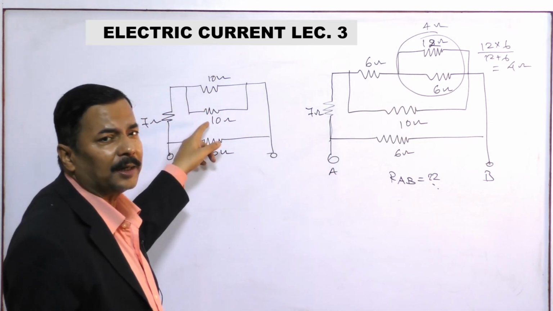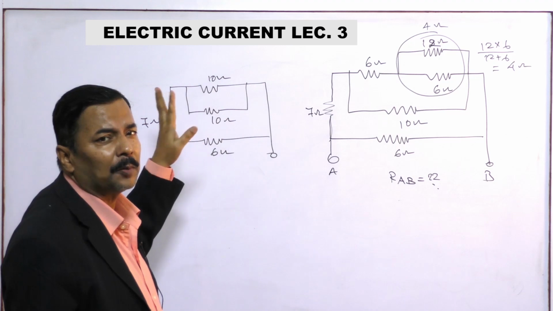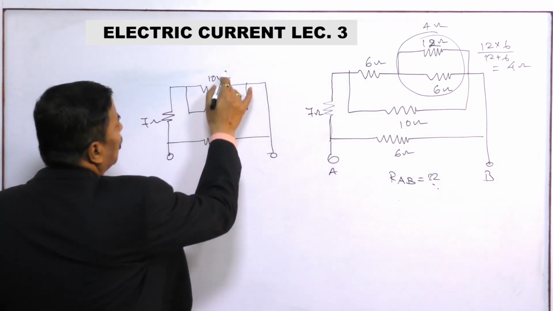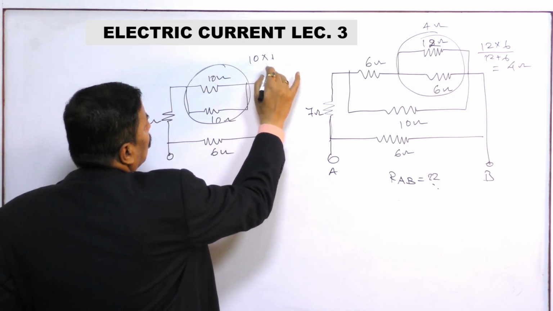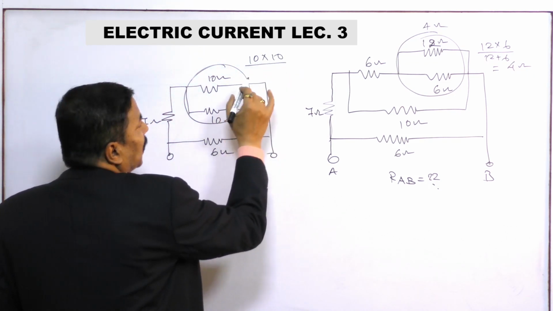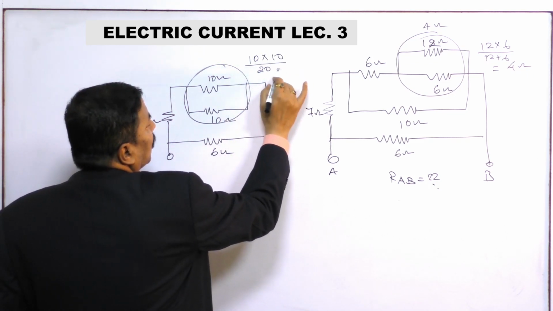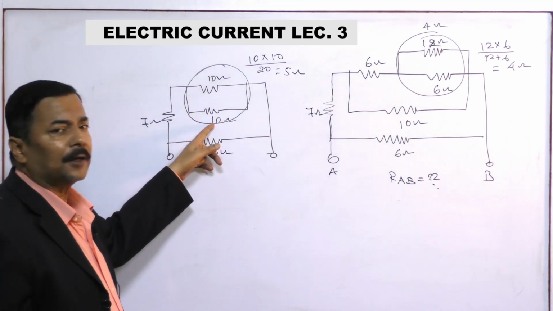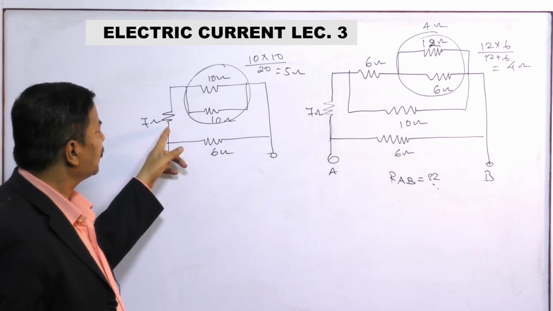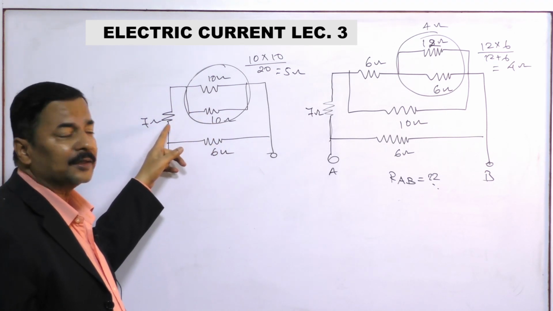So 10 ohm and 10 ohm are in parallel. That means how much? This can be replaced by 10 into 10, product by sum, 5 ohm. So this can be replaced by a 5 ohm resistor. So 5 ohm and 7 ohm are in series.